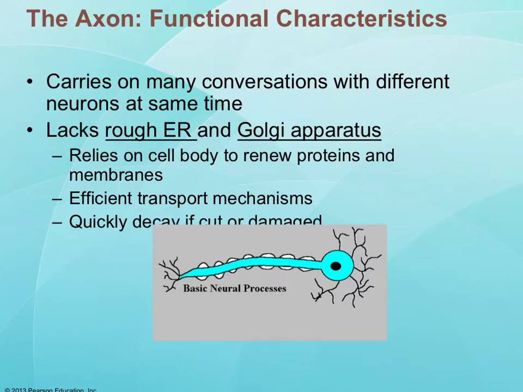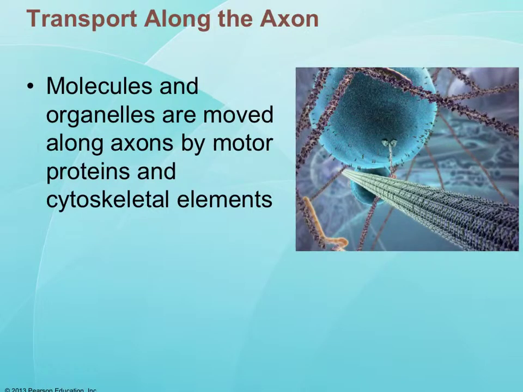is get damaged. So the transport along the axon is very similar to the transport along the cell, where there's a cytoskeleton, which is served like a railway track, and there's cargo protein that carry a cargo.